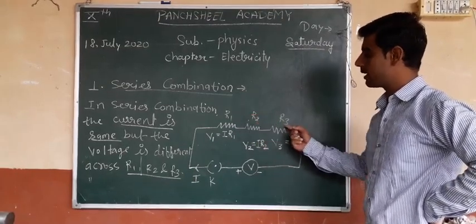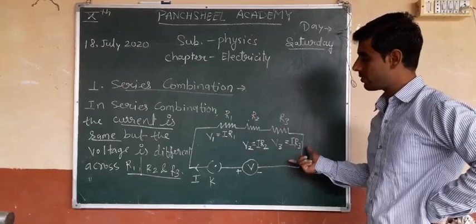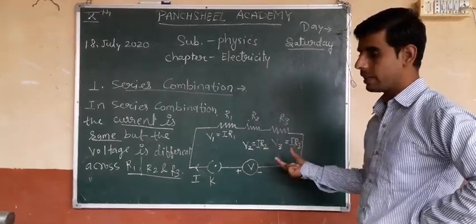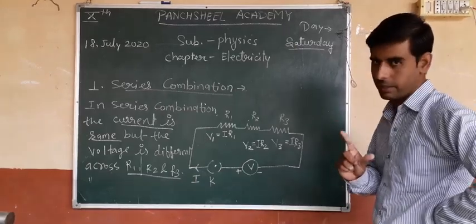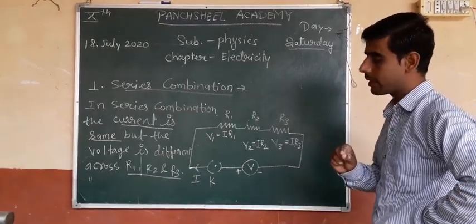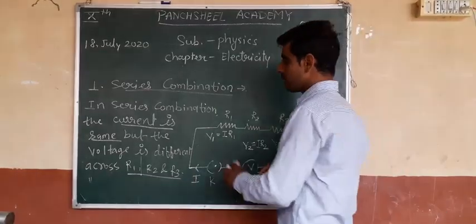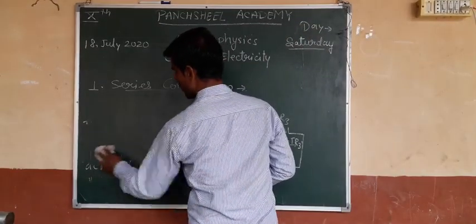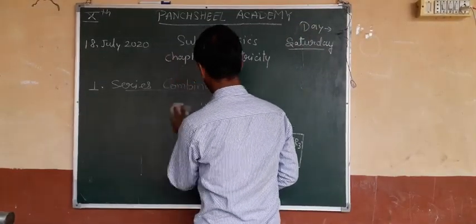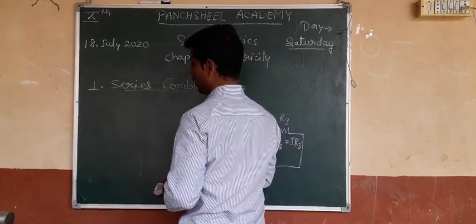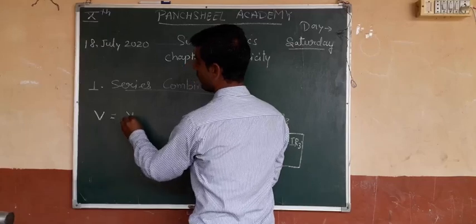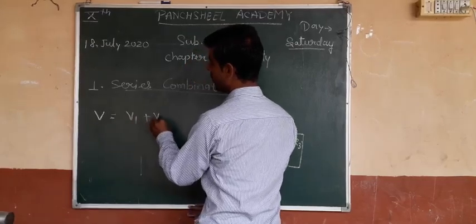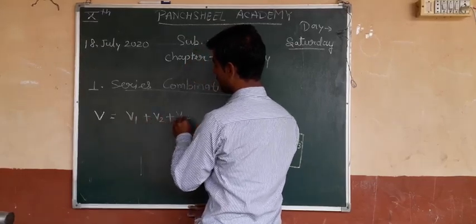Because there are three resistances connected in series, so we resolve this circuit into a single resistance, that is the equivalent or effective resistance. The total voltage V equals V1 plus V2 plus V3.